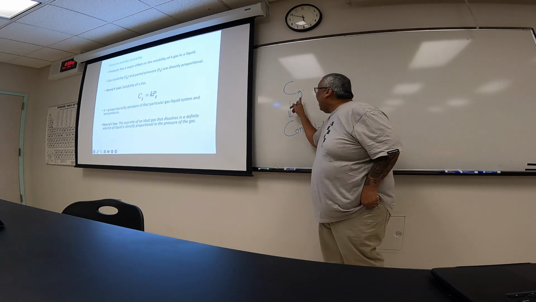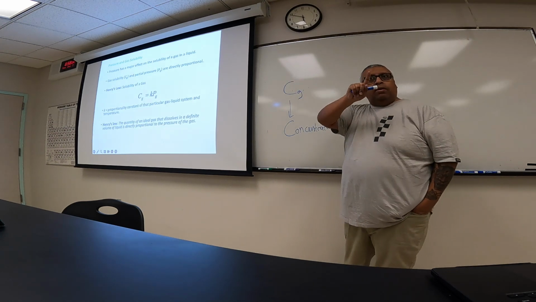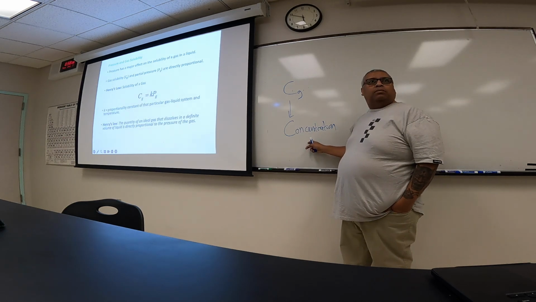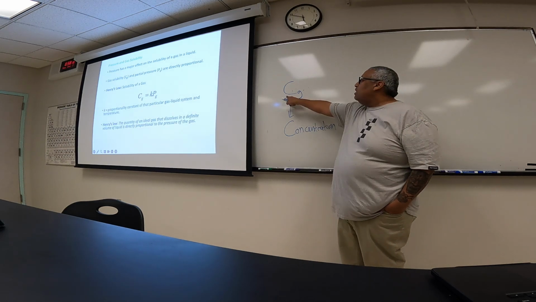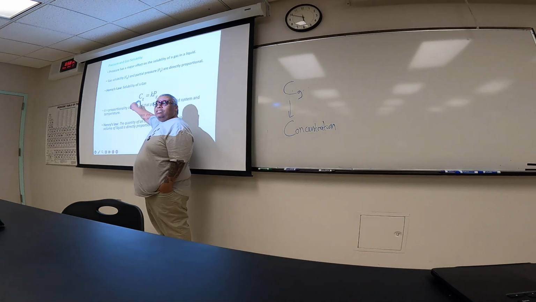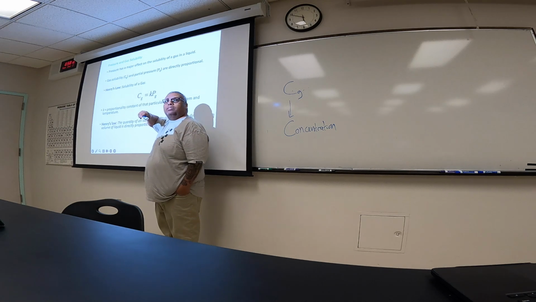So the gas solubility, think of it as the gas concentration. Whenever you see C sub G, this is the gas solubility, but also think of it as the concentration of gas, okay?